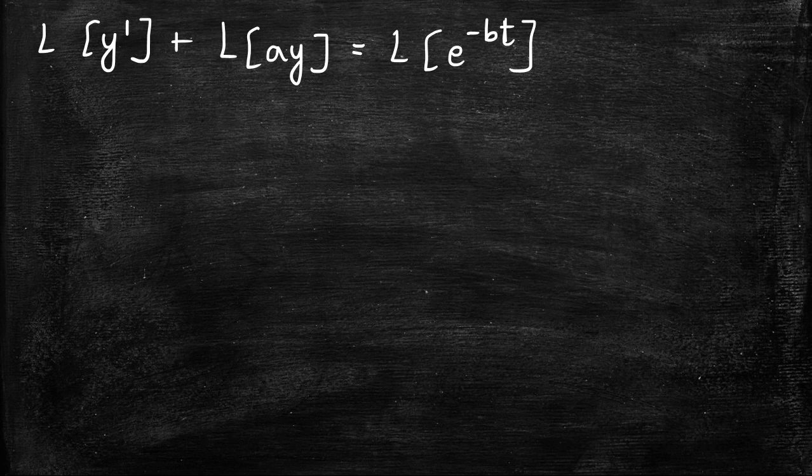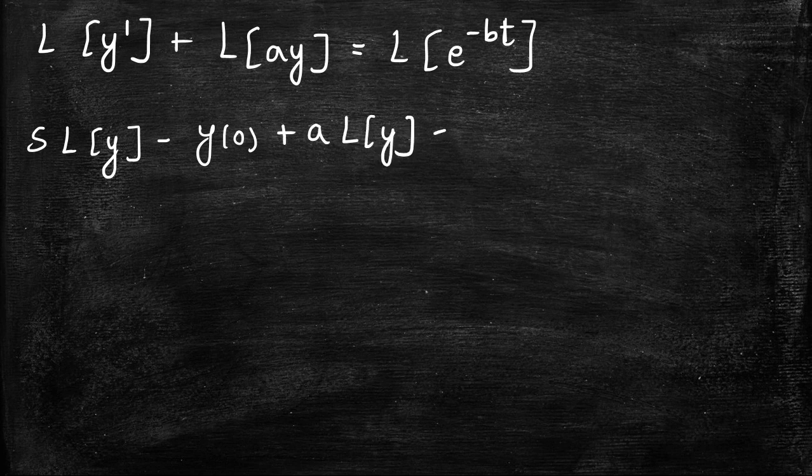So you have to write that formula, which is sL of y minus y of 0, plus a is a constant, so a L of y, and the Laplace transform of e power minus bt will give you 1 by s plus b.